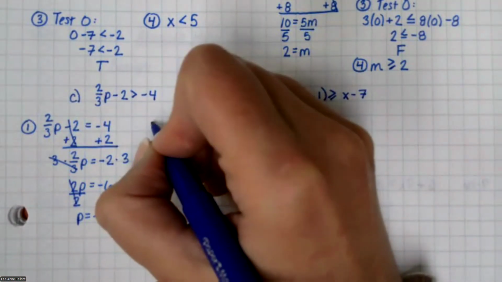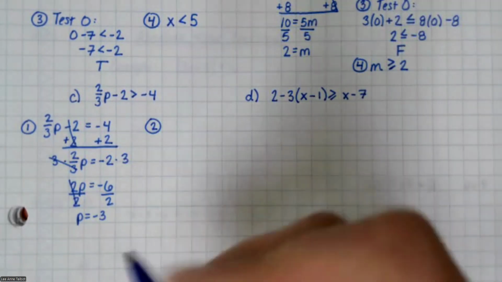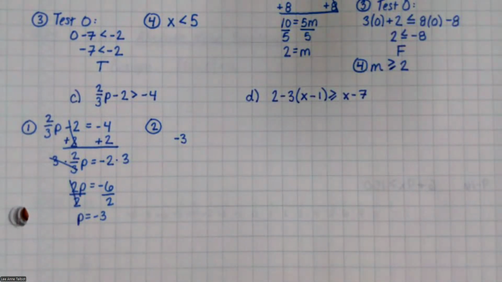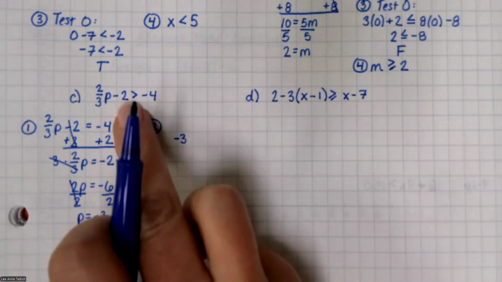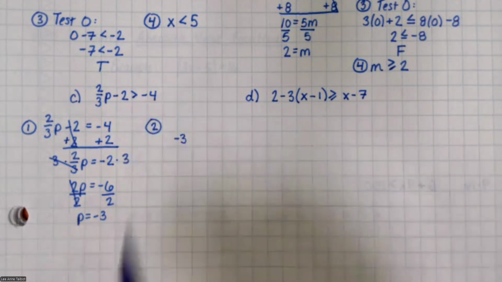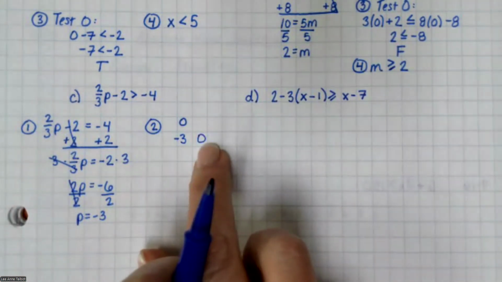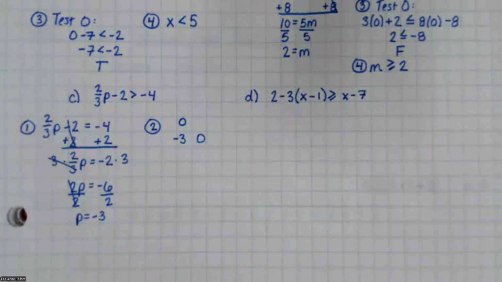Okay, now I'm gonna, I promise you, let you finish this in your groups. However, I just want to say, this answer is the first time we got a negative. Okay, so let me ask you this. Is it open or closed, first of all? Open. And then 0 is going to be over here on the number line because the number line goes backwards in the negatives.